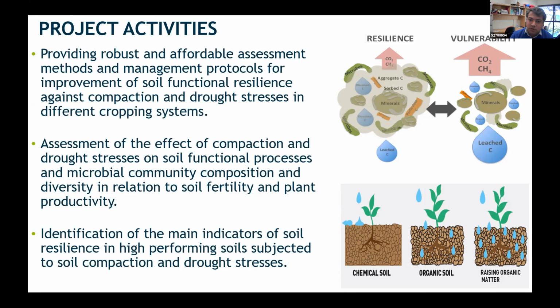Why is it important? Because in a good year, when you have enough rainfall or good conditions in your farming systems, most of our soils produce a similar amount of yield. But in a bad year, when you don't have enough rainfall in the system, the soil is not in its optimum condition.